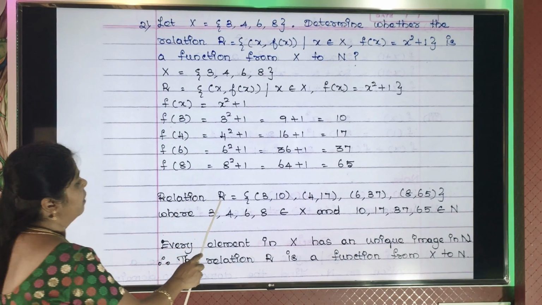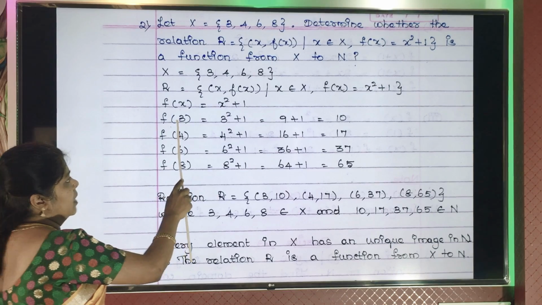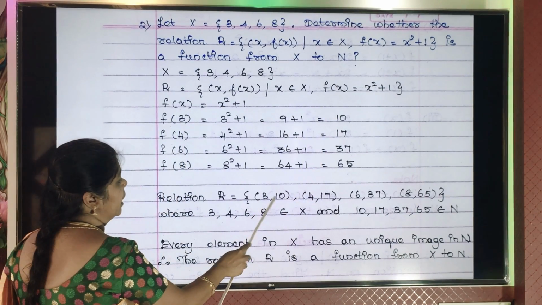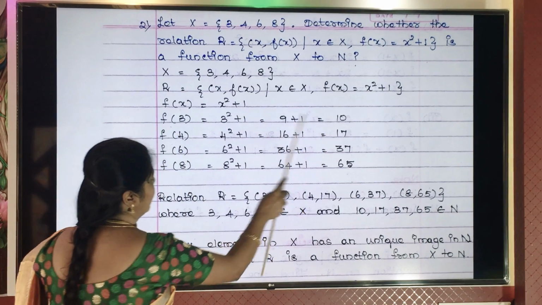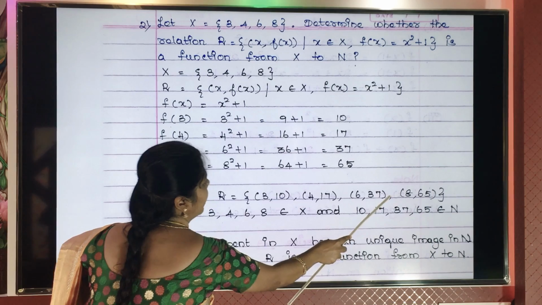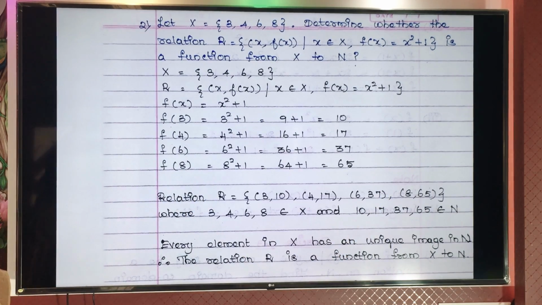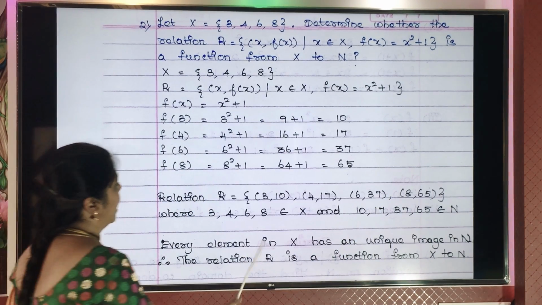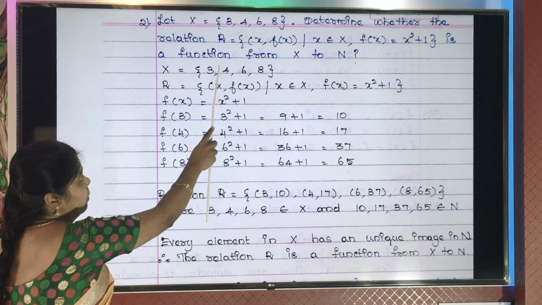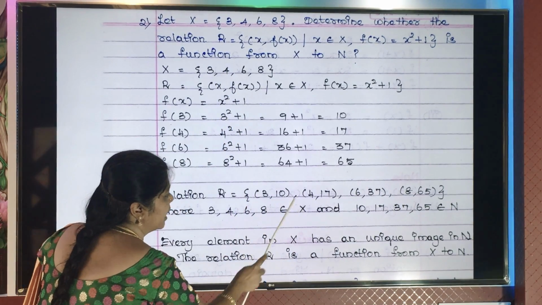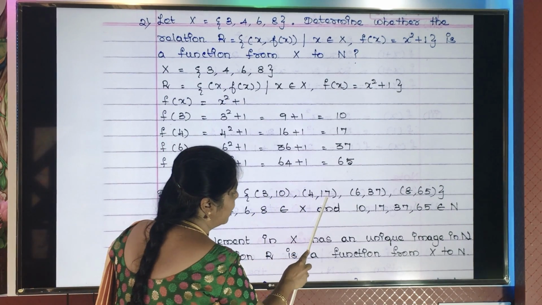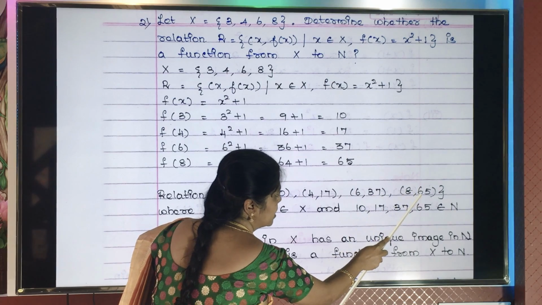Okay. Now, after getting this, what you will do? You will write the relation. See, 3 is getting mapped to 10. So how you will write the relation? (3, 10), (4, 17), (6, 37), (8, 65). Okay, this is the relation. And we all know that 3, 4, 6, 8, as given in the question, belong to set X. And the outputs, what are they? 10, 17, 37, 65.